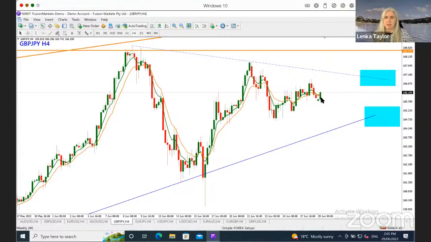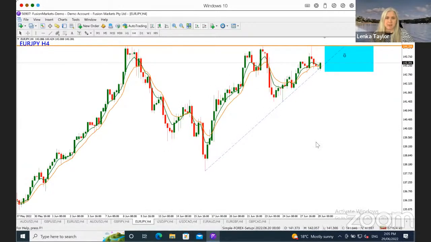Otherwise, possibly just a short-term long off the bottom if it comes and does a reversal around here. But yeah, it's a little bit indecisive at the moment. So let's see where it goes in the next couple of days.